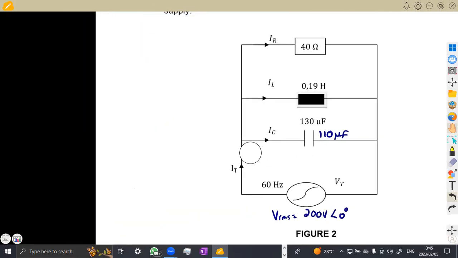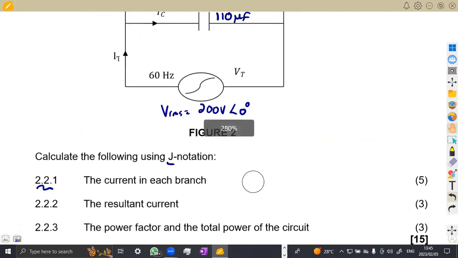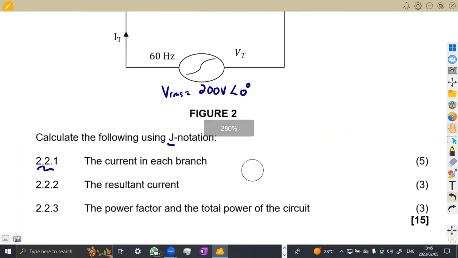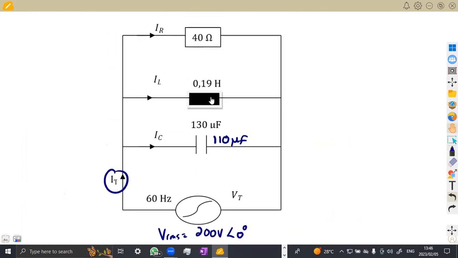Okay, the other part of the question is now to calculate the resultant current. All right. Remember, this is a parallel combination, guys, that we are dealing with here. And that's our total current here. If we are to check this total current, it's a combination of the sum of these currents, IR, IL, all these combined together.